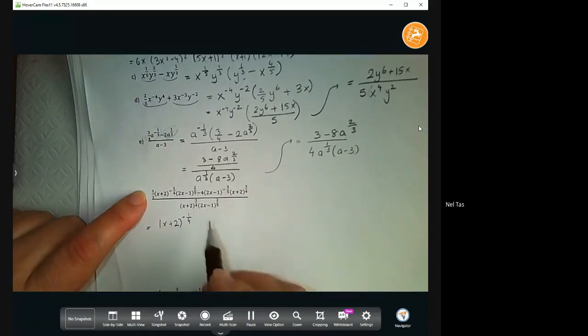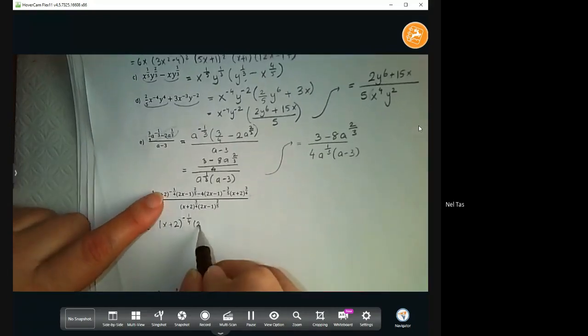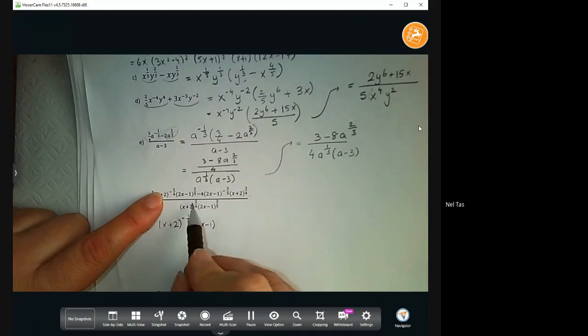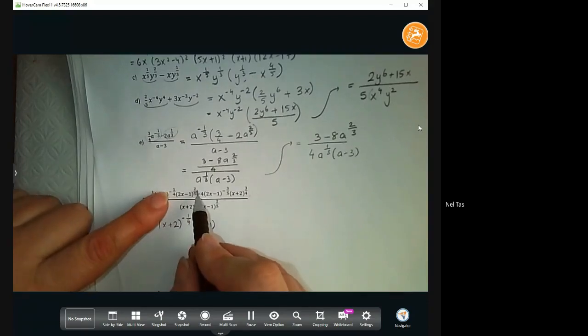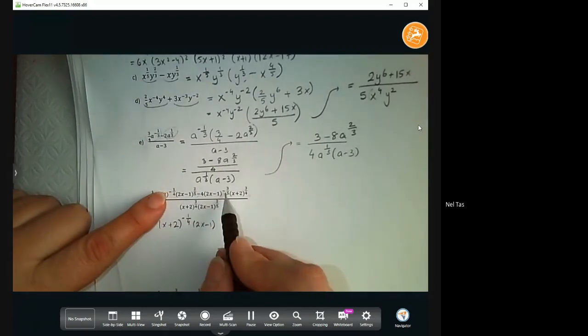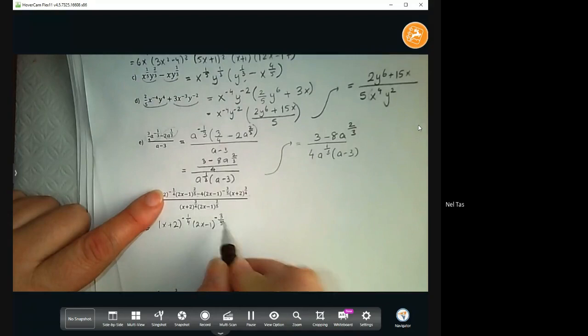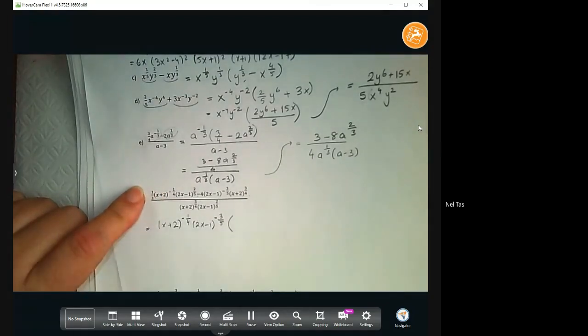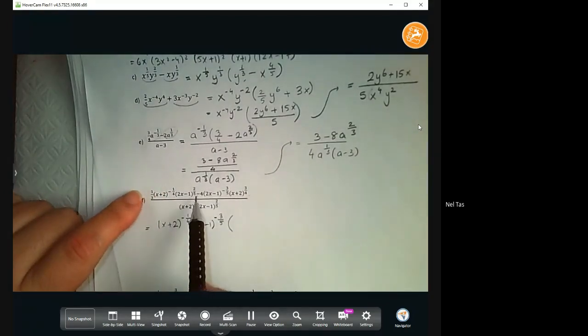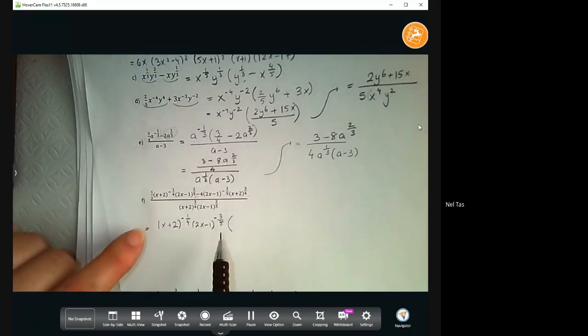Now let's look at the terms with 2x minus 1. One power is 2 over 5. Other power is negative 3 over 5. The smaller exponent is negative 3 over 5. Now open a bracket. So take the first term divided by this common factor.